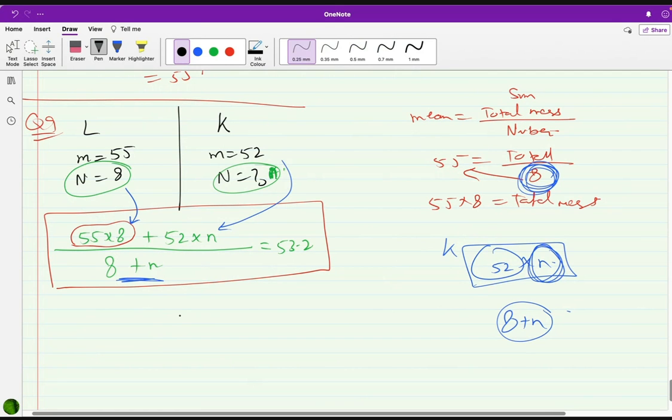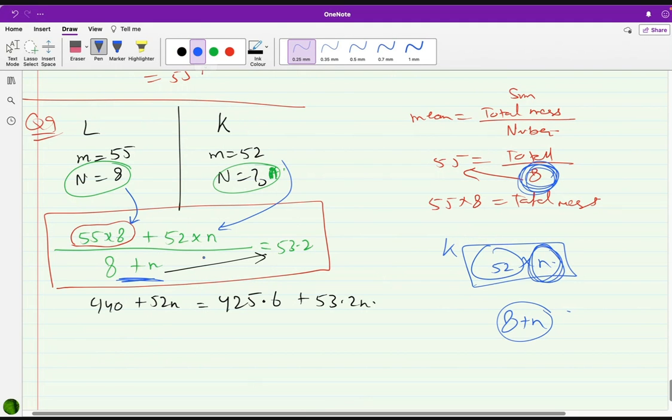So 55 into 8 gives me 440 plus 52n, and the denominator multiplies on the other side: 53.2 times 8 is 425.6 plus 53.2n.